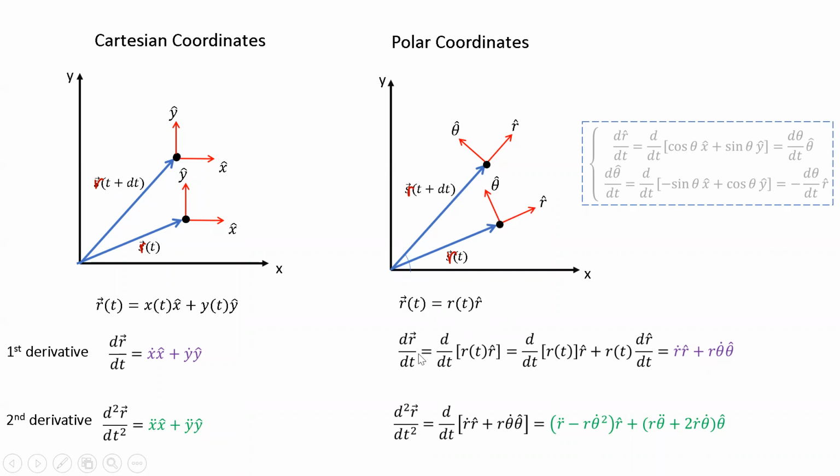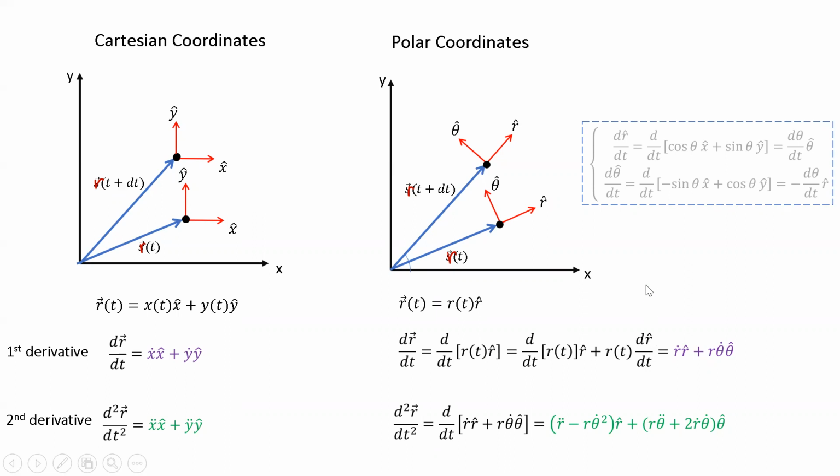So if you take the time derivative of your position vector here, you need to take into account the change of the unit vector itself as a function of time. Here I am using the chain rule: the first term is the derivative of r of t times r hat, plus r of t times the derivative of r hat itself.